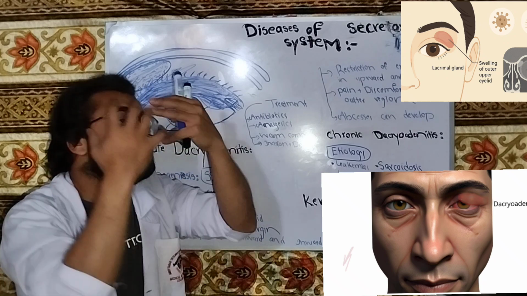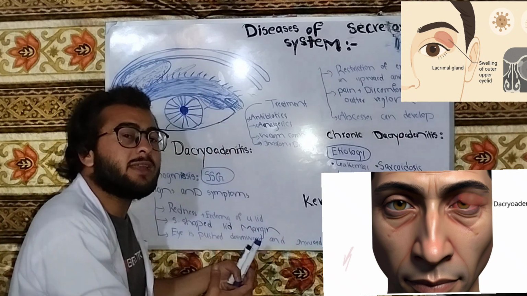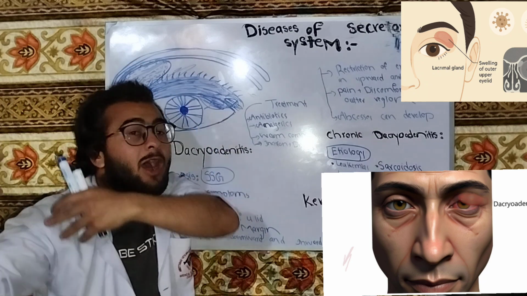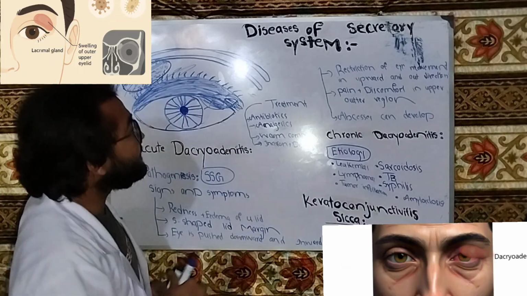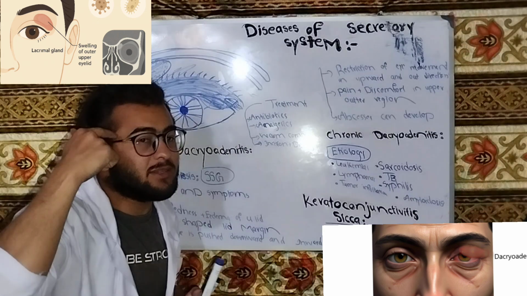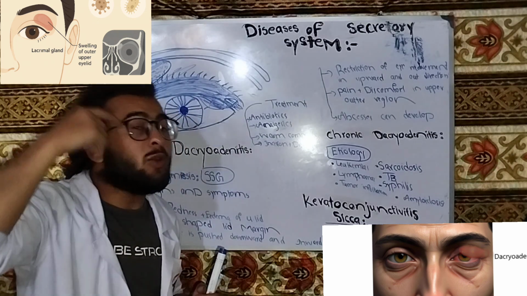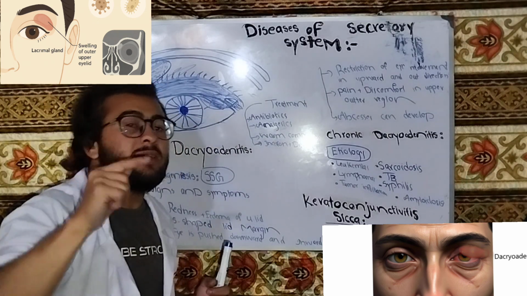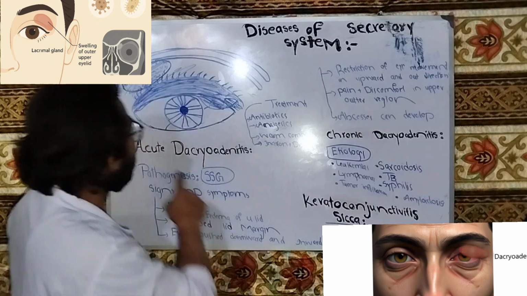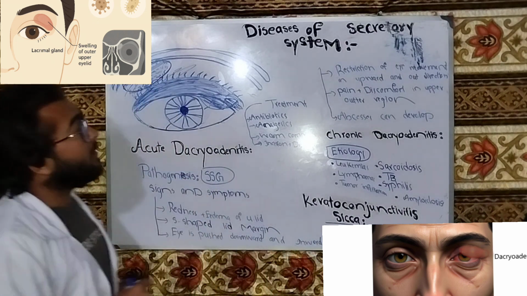The eye will be pushed in the downward and inward direction, and its movement will be restricted in the upward and outward direction. Okay? And there will be pain and discomfort in the outer region. In the outer upper region, there will be extreme pain and discomfort in acute dacryoadenitis.